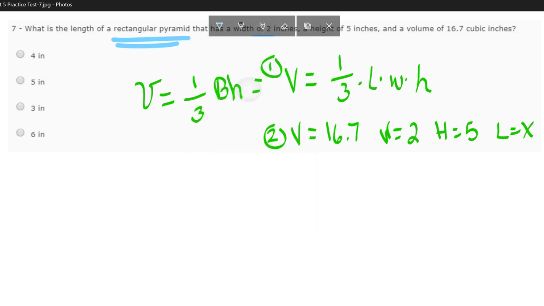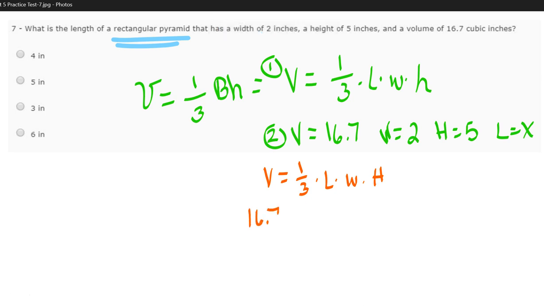So then the third step is you take your formula and you just plug stuff in. So 16.7 is our volume. Then we've got our 1/3. We're trying to find our length. The width is 2. The height is 5.